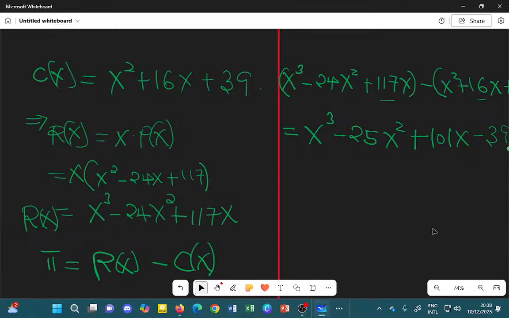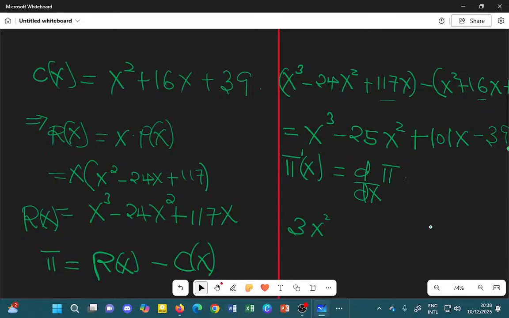We would say the profit function, which is given by this, now with a prime with respect to level of output x, will be given by d/dx of this. And that brings us to 3x squared, because we take this power, make it the coefficient, then reduce the power by 1.